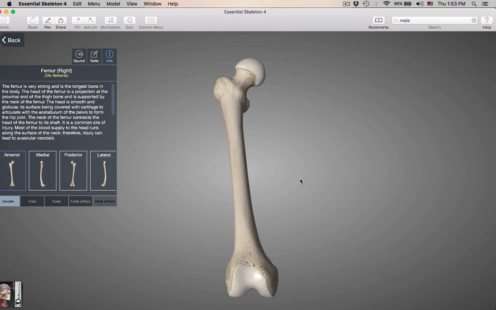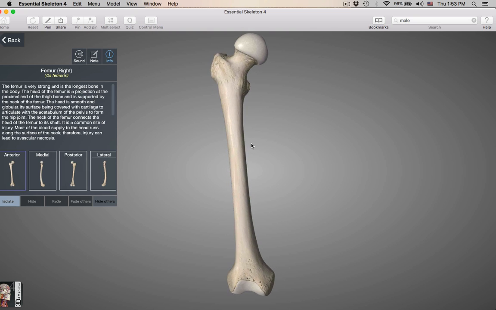Is that it for the femur? Yes, yay. So you're done with the femur. Not too bad.